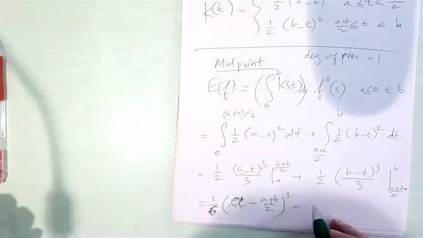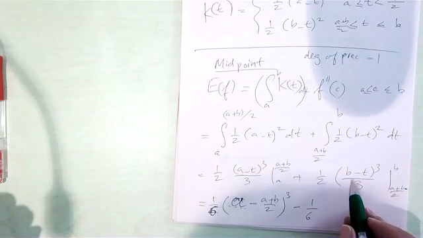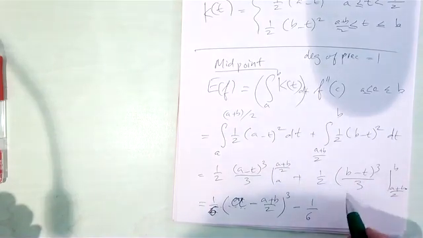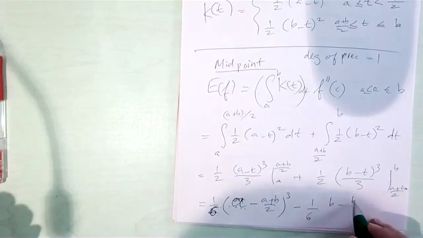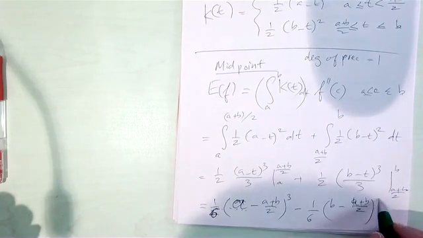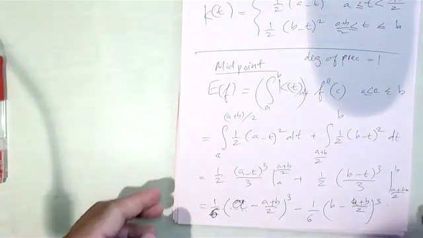And here you have 1 over 6 as well, and you plug in b, and it equals 0, so it becomes b minus (a plus b)/2 cubed.